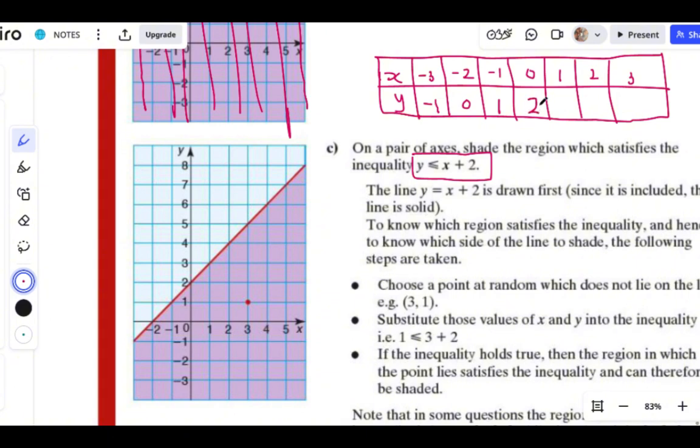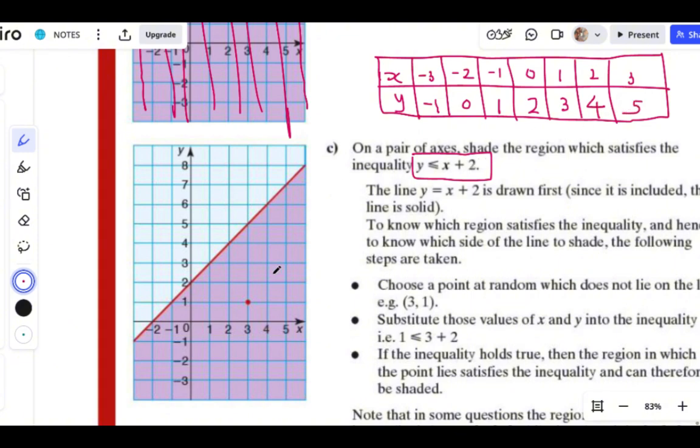If x is 1, 1 plus 2, you get 3 here. If x is 2, 2 plus 2, you get 4 here. That's the normal way of getting your table of values. If x is 3, 3 plus 2, you get 5.